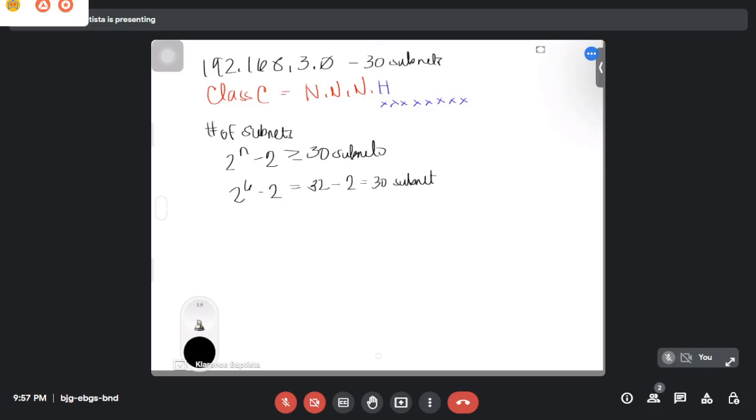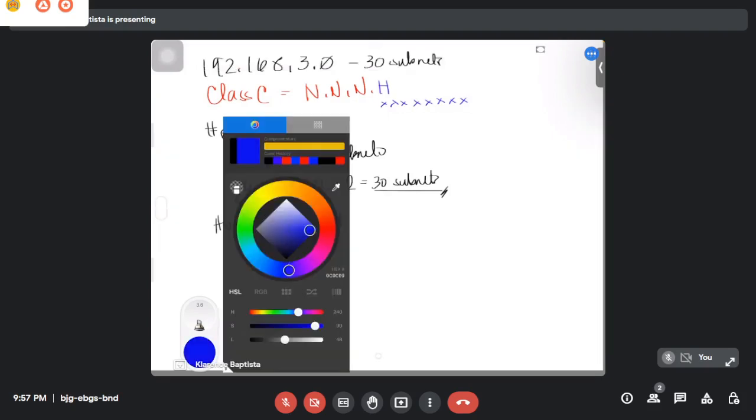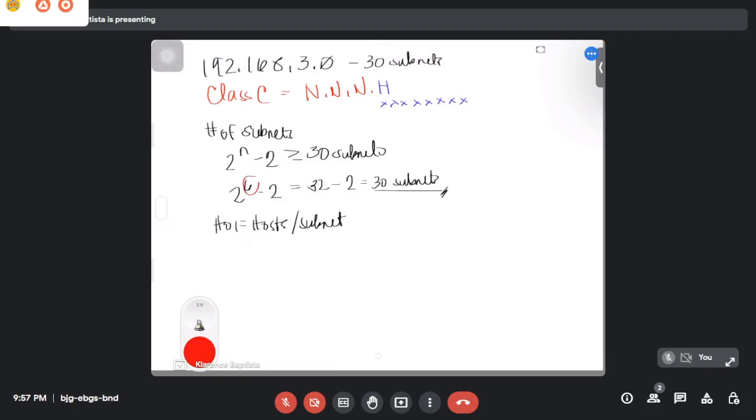And then, nakuha na natin yung subnets, we will get the number of host pala, rather. Number of hosts per subnet. So, dahil 2 raised to 6, so we'll get, no, subnet is 1, 2, 3, 4, 5, 6.